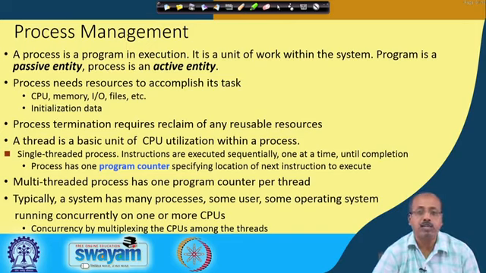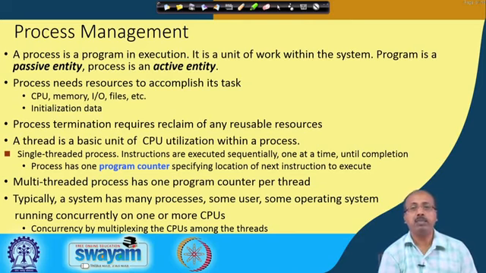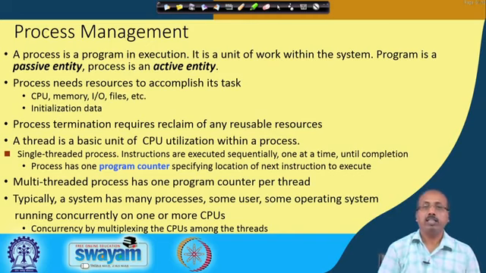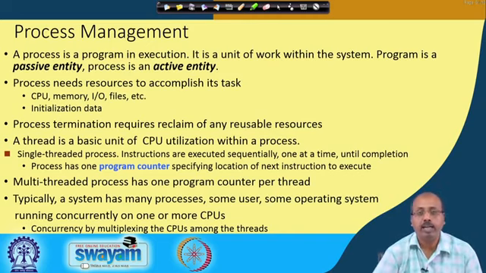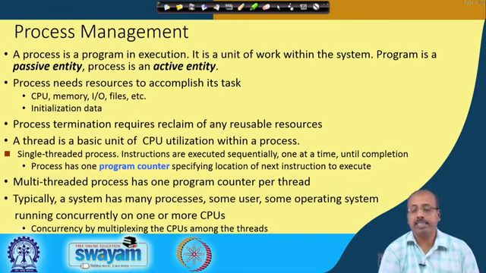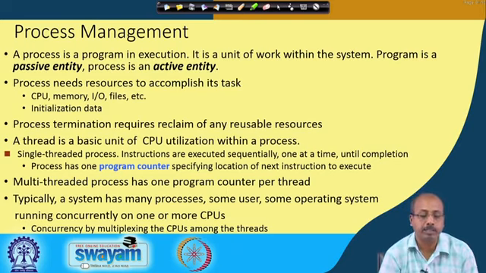That is not taking the CPU for execution, but when the user wants to run the program, it is loaded into main memory and starts executing. It starts consuming CPU time, and now the process becomes active. So, the program is a passive entity, and the process is an active entity.